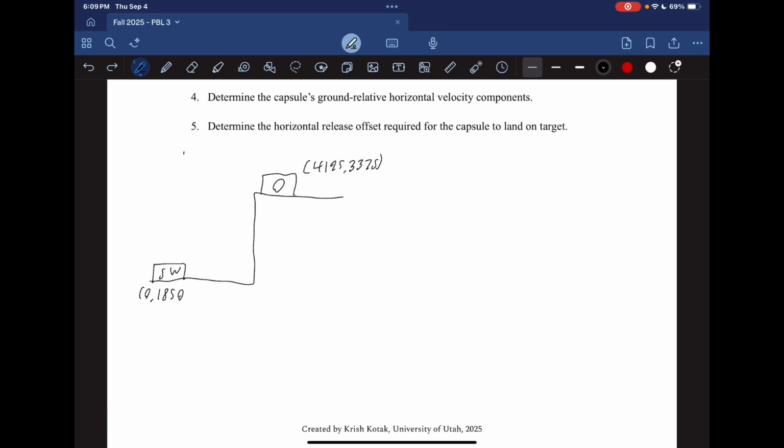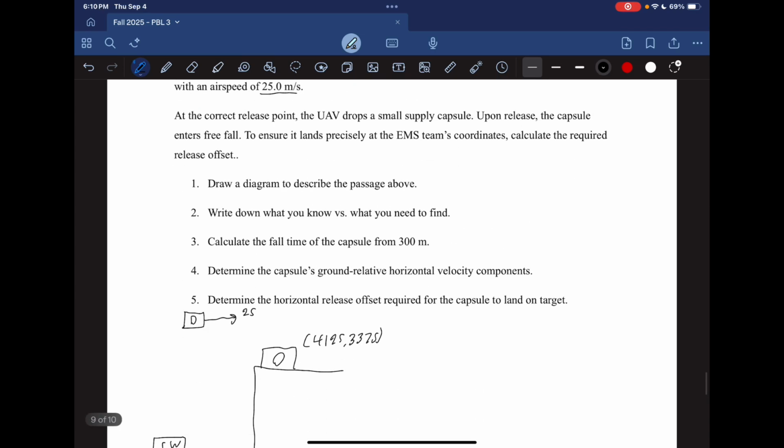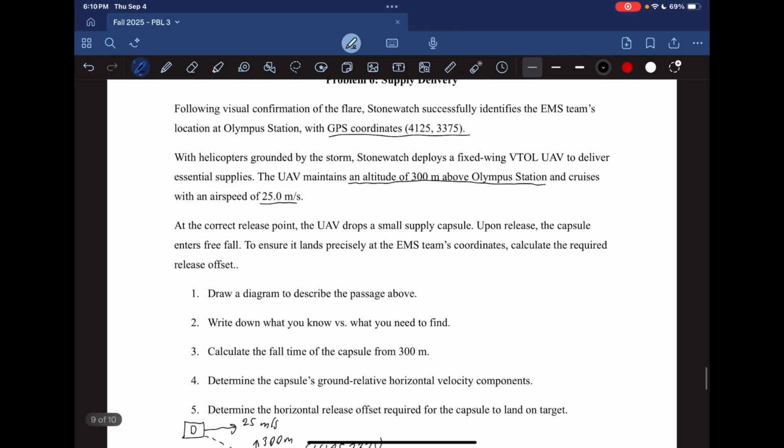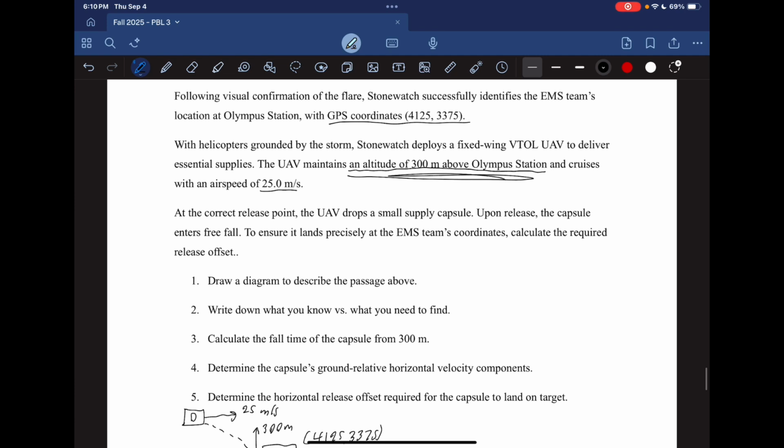And then there's a drone up here. It's moving at 25 meters per second. And then it's going to drop a package that's going to land at Olympus here. We know that the distance in Y to the drone is 300 meters based on this information.